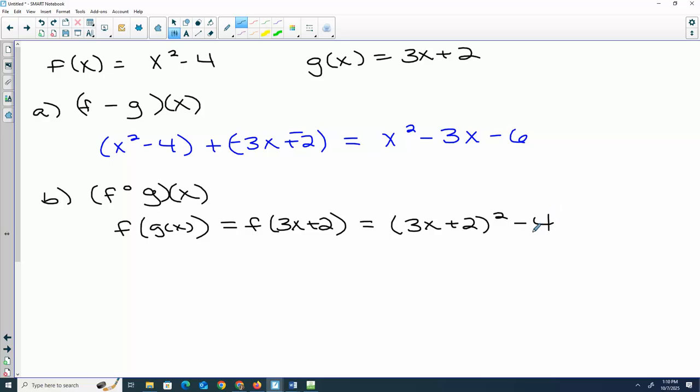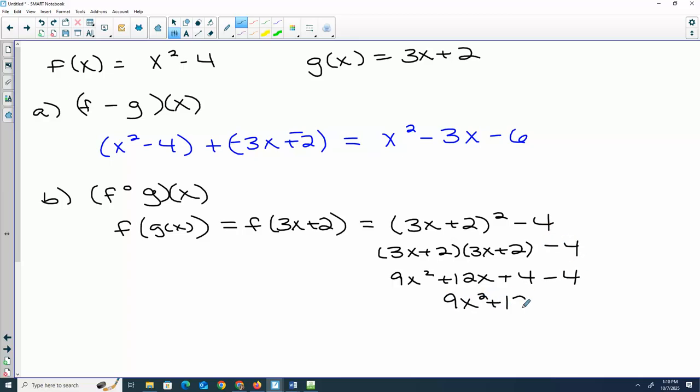Then what would you have to do? FOIL. So you get 9x squared plus 6x and plus 6x would be plus 12x plus 4. And we still have that minus 4 on the end. So 9x squared plus 12x.